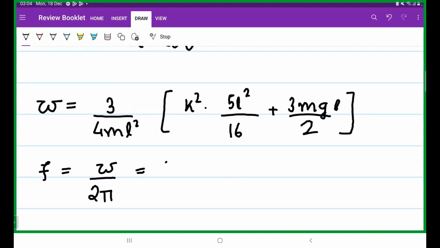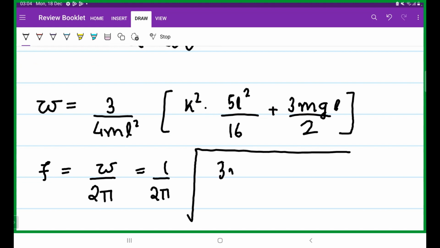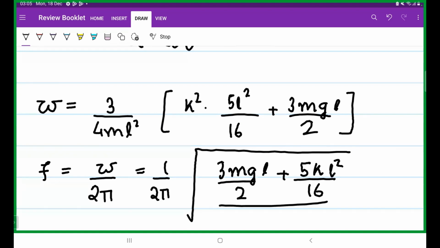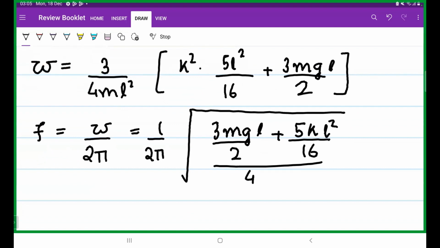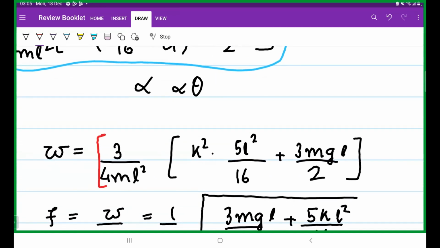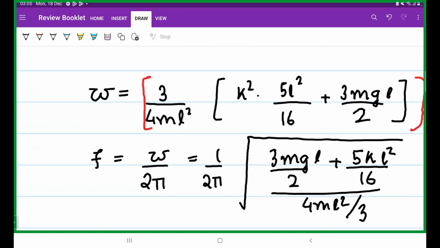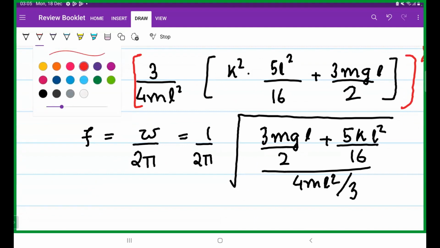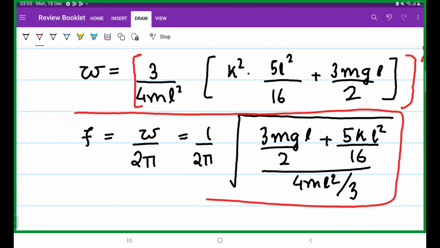So this will be 1 by 2 pi under root of 3 mgl by 2 plus 5 k L square by 16 divided by 4 ml square by 3. And I apologize here, this entire thing will be under root. Yeah, and there you have it. This entire thing is the frequency of this system.